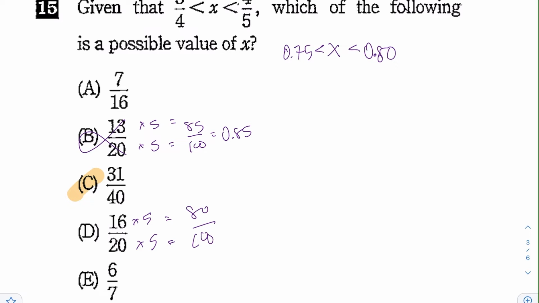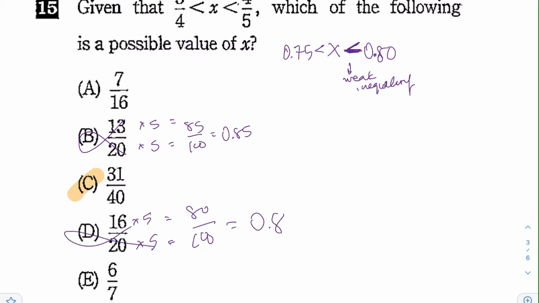Remember, you want to be between 0.75 and 0.8, and this is exactly 0.8. We don't have the inclusive inequality. We only have less than, not less than or equal to. So that means that D is also incorrect.